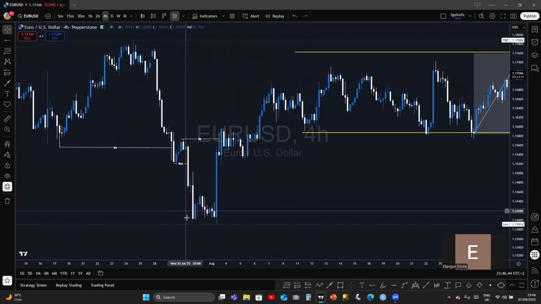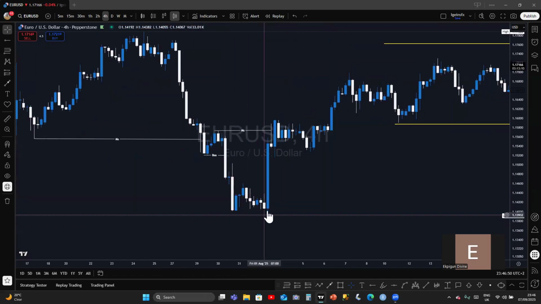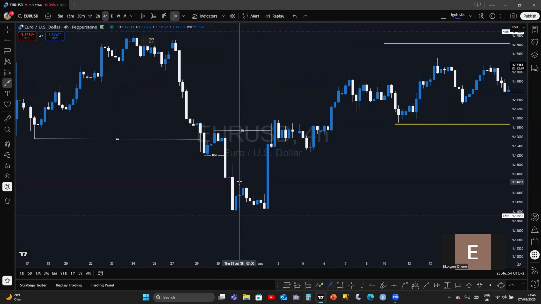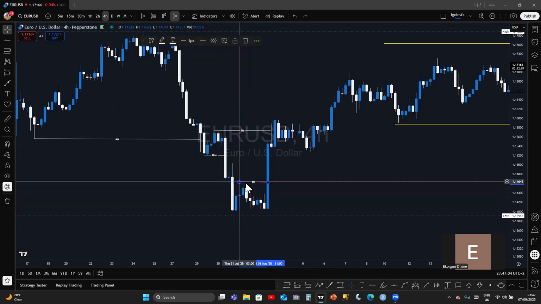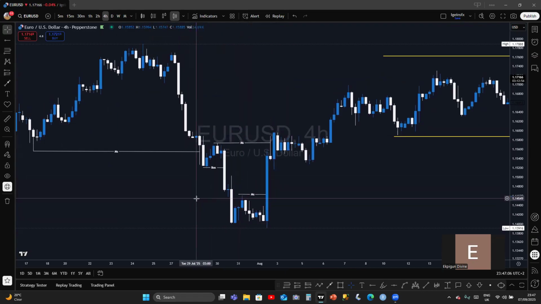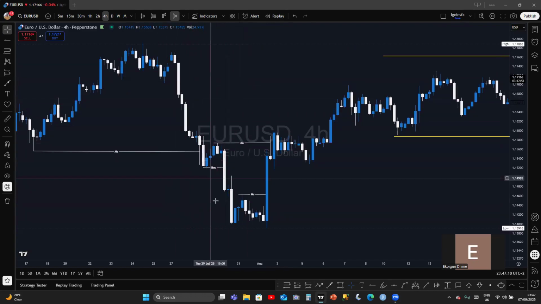After this break of structure, price came down. It gave you a change of character, but on a lower time frame. There's a market shift here, but you will not take this one because this is the main trend, the major trend.